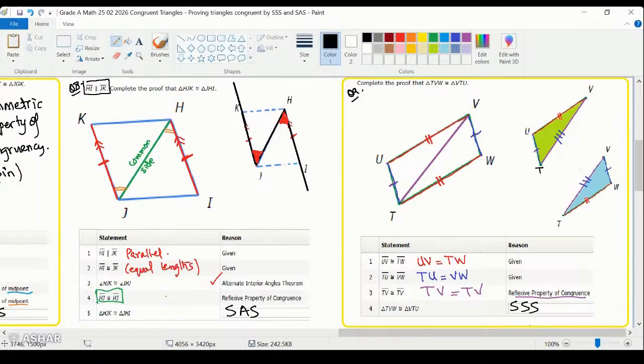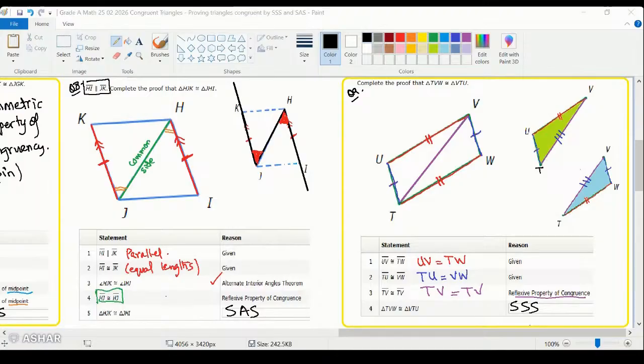We cannot apply any other property because we do not have a ratio of any of the angles. We know the angles will be equal, but with the given information, what we need to see is why are these two triangles congruent to each other, right? We are looking at the reason why they are congruent. Okay, let's have a look at another example.